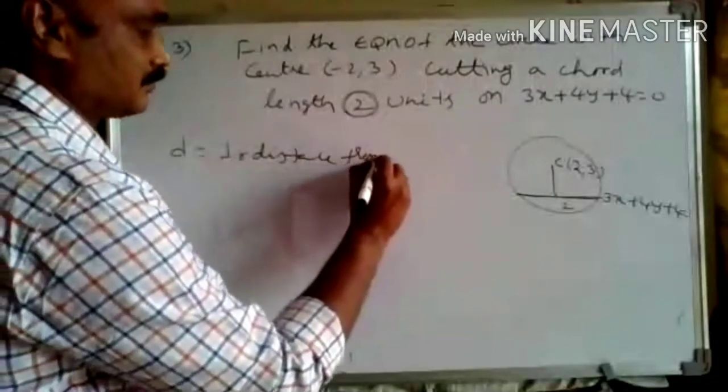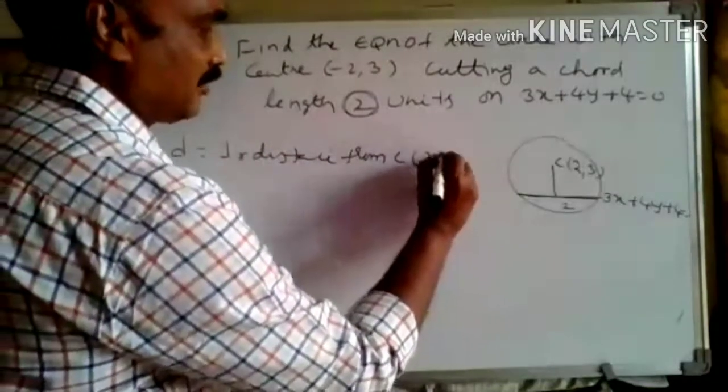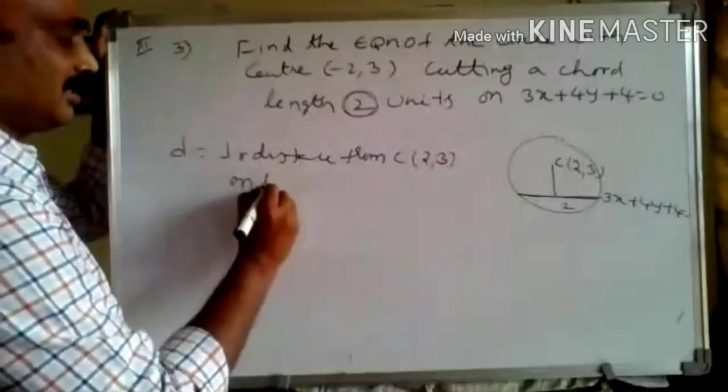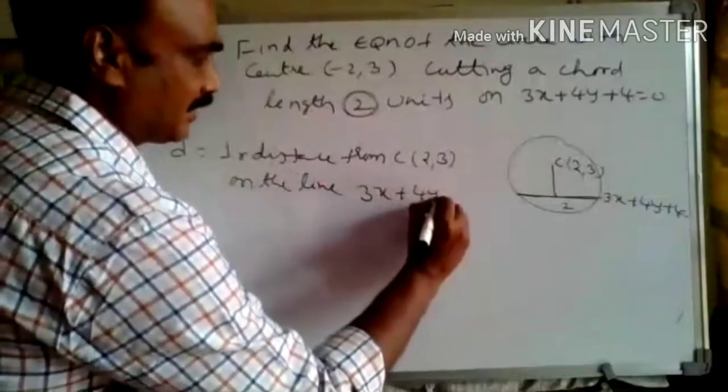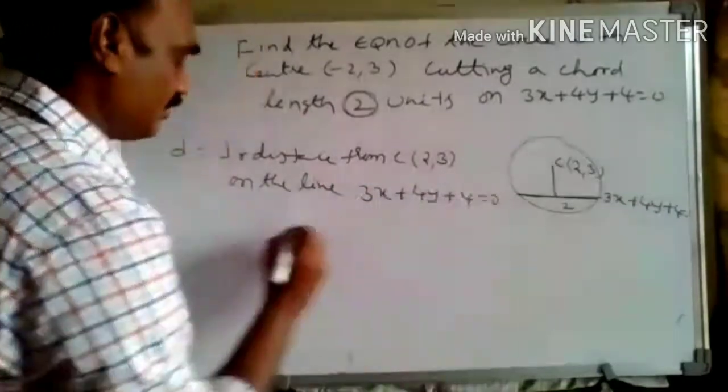from the center on the line 3x plus 4y plus 4 is equal to 0.